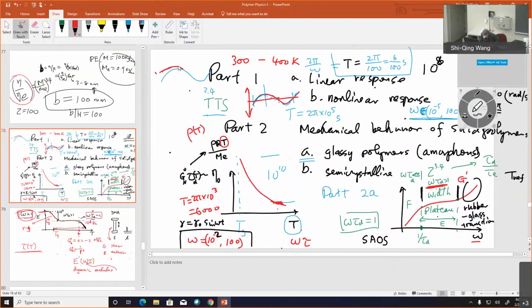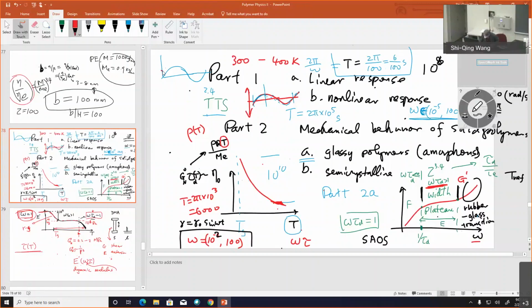So basically, you have your strain there like that.